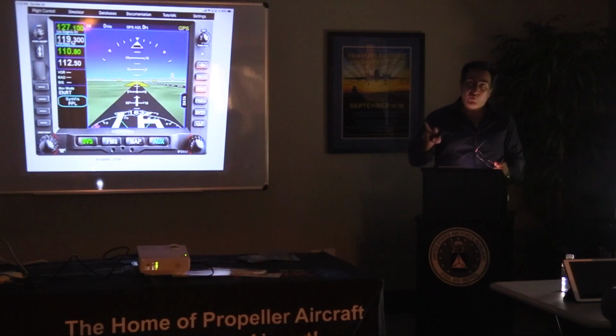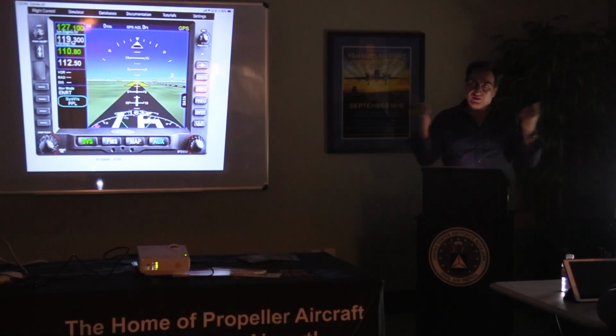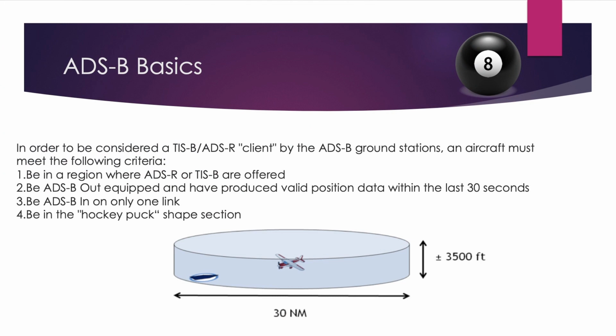If it has both links, like the one in 7 Papa Uniform or 3-4 Zulu, where we have dual band, it won't receive any information from the ground station. It only receives air-to-air traffic information. The only thing it receives is the weather information and all this TIS-B or FIS-B traffic. And that's the slide that shows you.